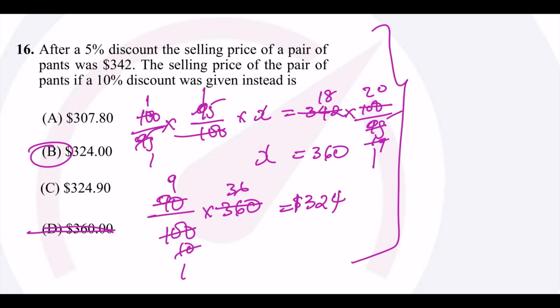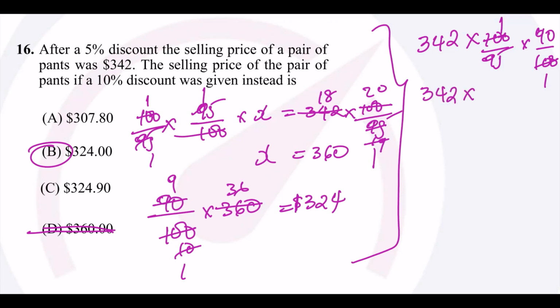Or we could say the selling price after 10% discount would be 342 multiplied by 100 over 95, and the result, that same result, which is the 360, will then be multiplied by 90 over 100. So 100 into itself, 100 into itself, you could say, okay, 342 could be multiplied by 90 over 95.